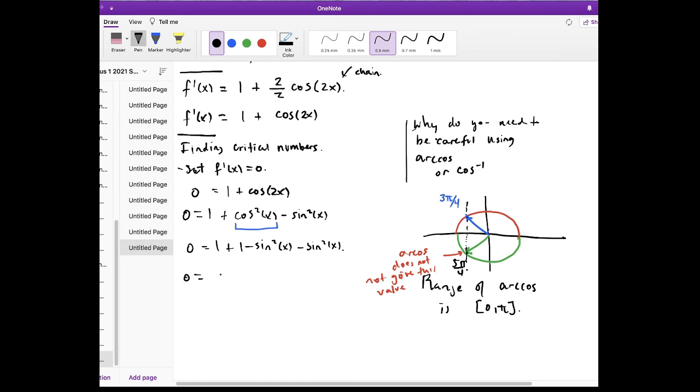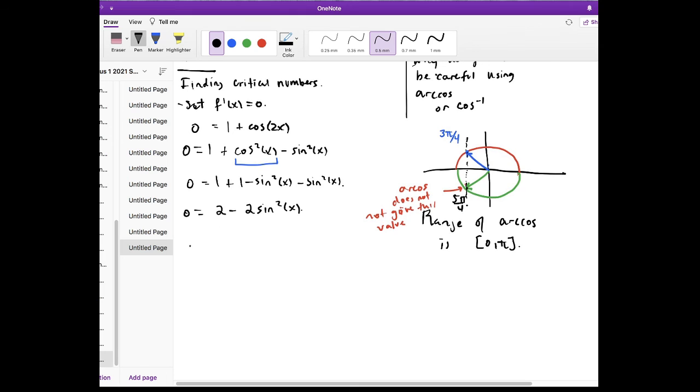Then we have 0 is equal to 2 minus 2 sine squared. Okay, so how do you factor this? First of all, we can bring a 2 outside. How do you factor 1 minus sine squared?